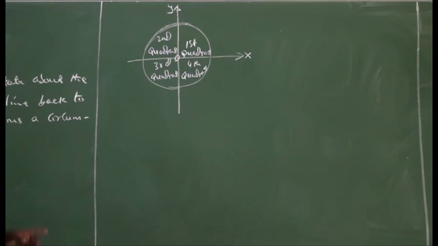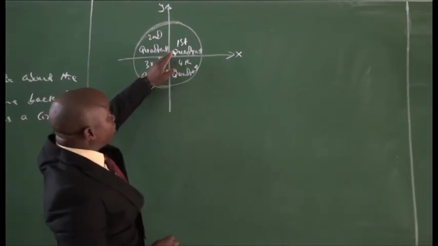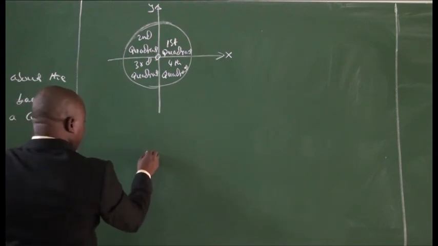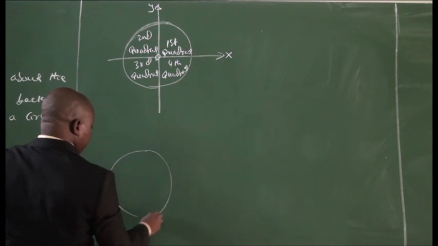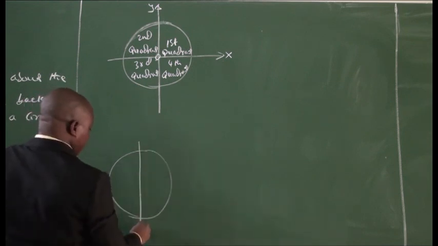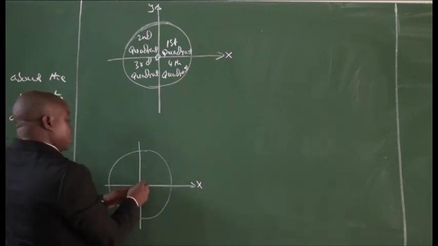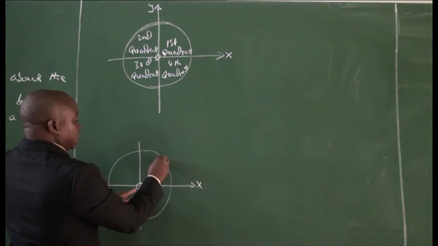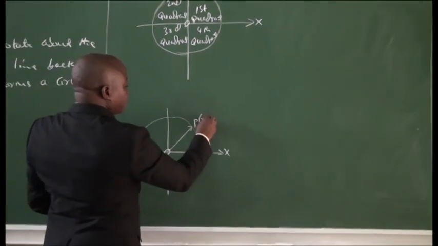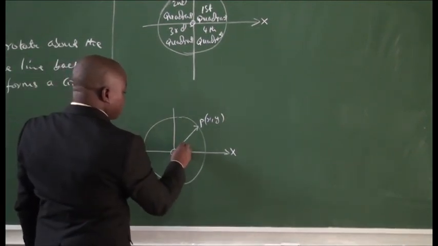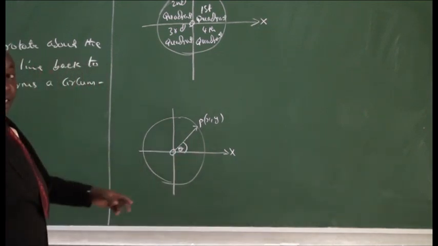Now, I want to place the line OP on the first quadrant. If I do that, I'll have a diagram of this form, where this is the x axis, and this is the origin, O, taking it to any point P, which has coordinates x, y, and it makes an angle here, theta.